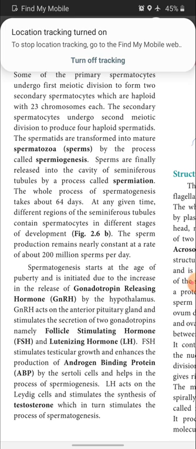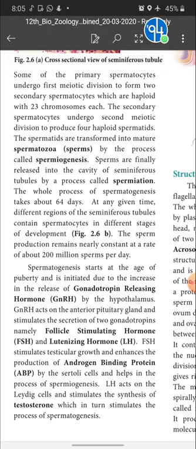This anterior pituitary gland releases two gonadotropin hormones, namely follicle stimulating hormone and luteinizing hormone. What will the follicle stimulating hormone do? Follicle stimulating hormone stimulates the production of androgen binding protein by Sertoli cells. This androgen binding protein helps in the process of spermiogenesis. You know, children, what is spermiogenesis?